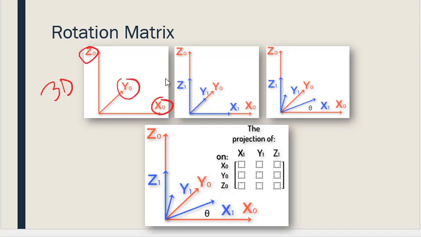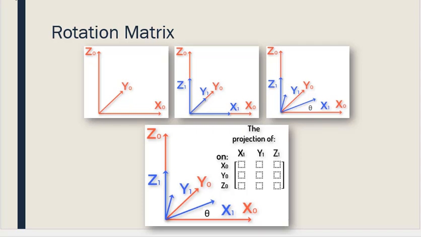Here we can consider y naught, here x naught, and there z naught. It does not matter, we just have to understand which one is more comfortable and easy for us.